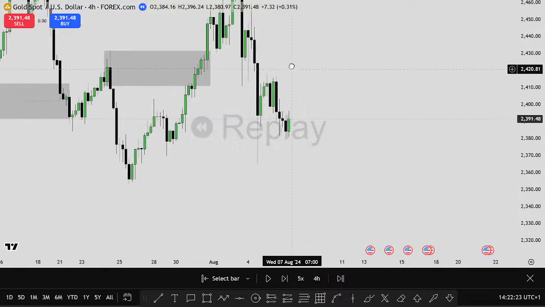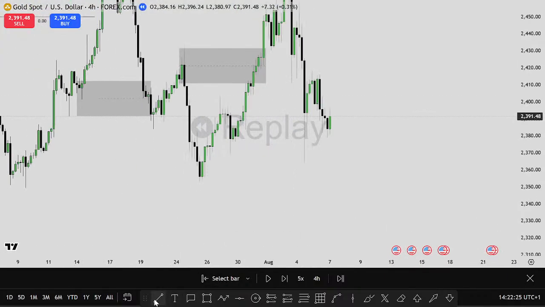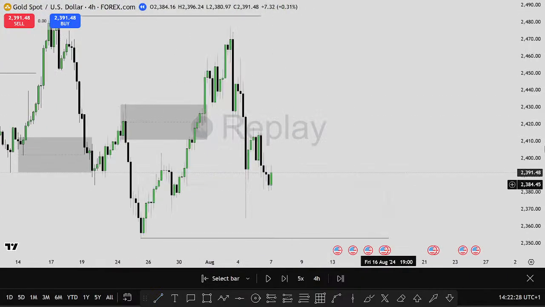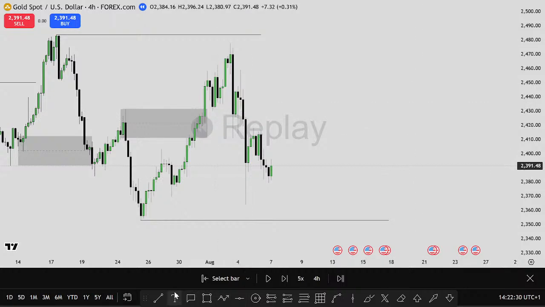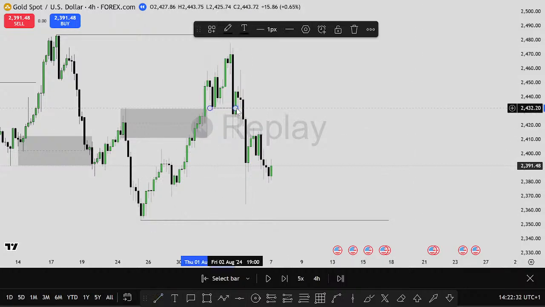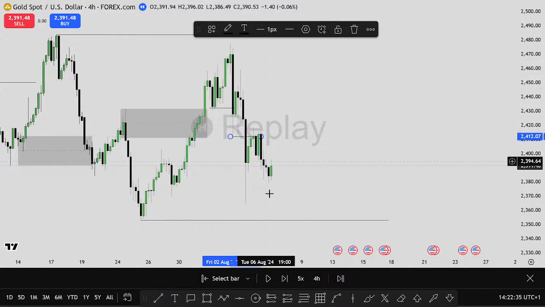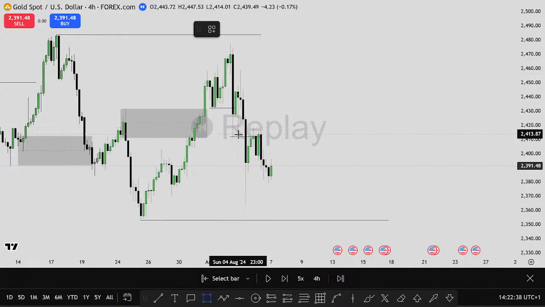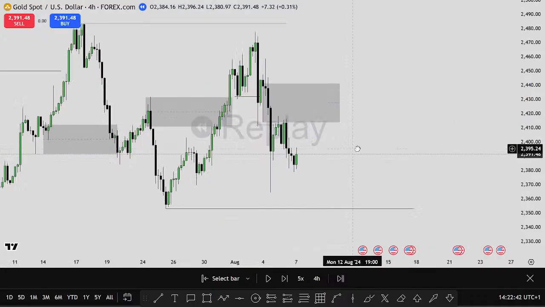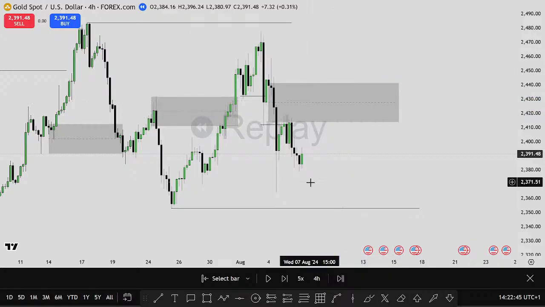So the new drawn liquidity obviously is set to be this low, but after I broke here with the news, this is the first break, here will be the second break. That will mean that from here will be the POI that I'll be watching out for.